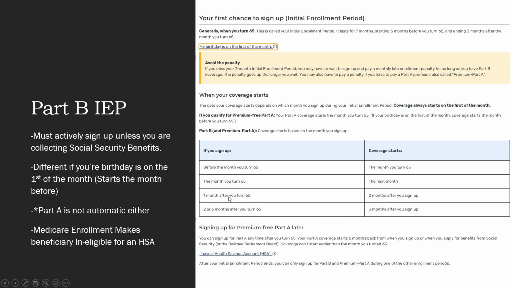And if, of course, you sign up in the month you turn 65, your coverage starts the next month. So make sure if you have any clients or you yourself who need to sign up for Part B, make sure you sign up before you turn 65 so that it starts exactly on your birth month and you don't potentially lose out from having Medicare and being ineligible for both the ACA marketplace plans and Medicare during this transitionary period.